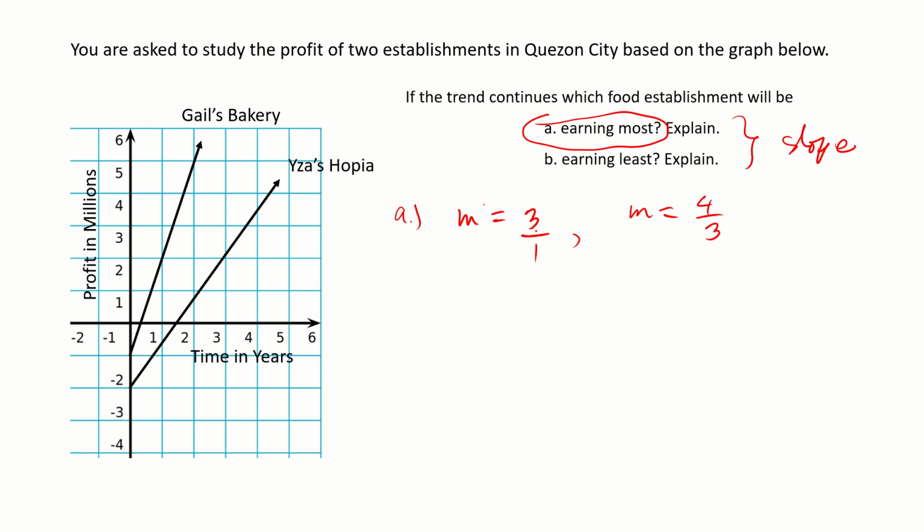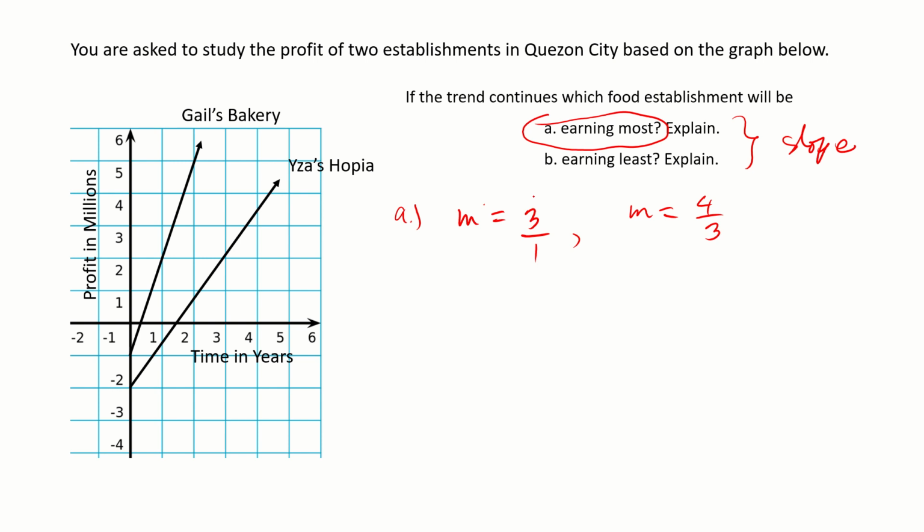So it is understandable that in every year, this establishment will have a profit of 3 million. And if you compare it to Isa's Hopia, the establishment will get 4 million in every 3 years.